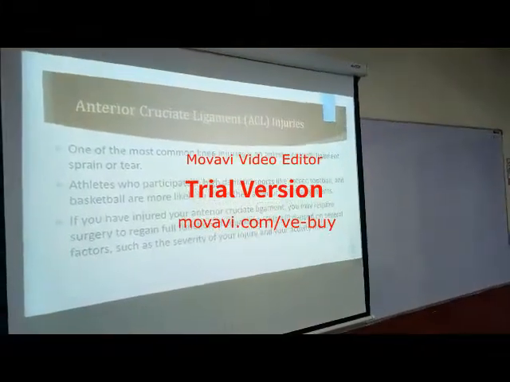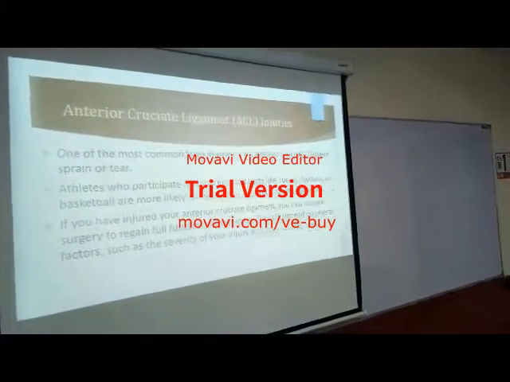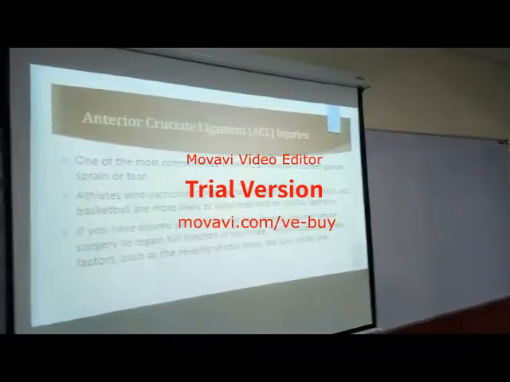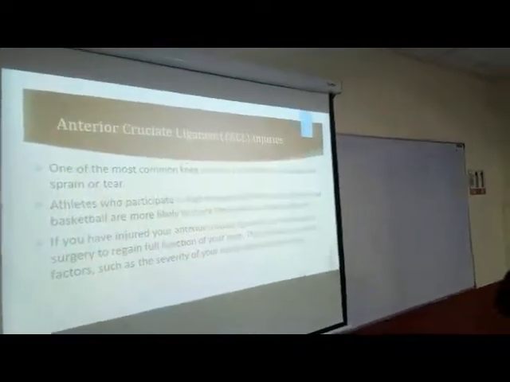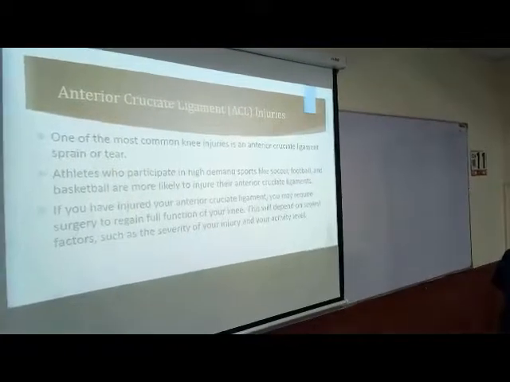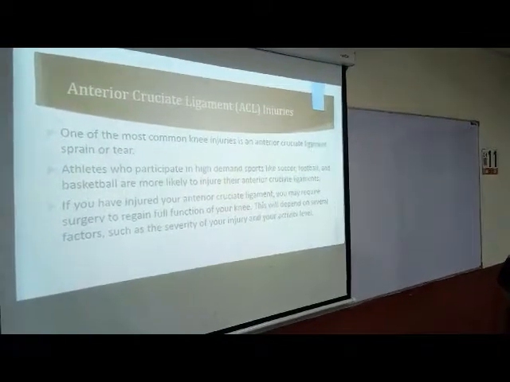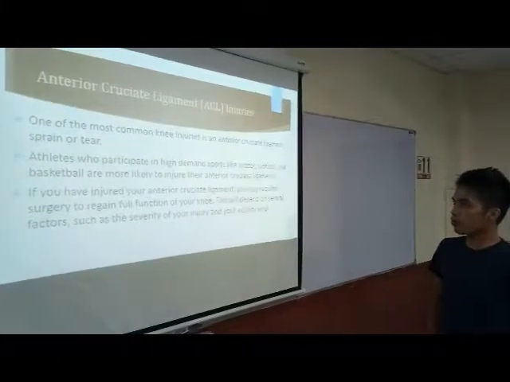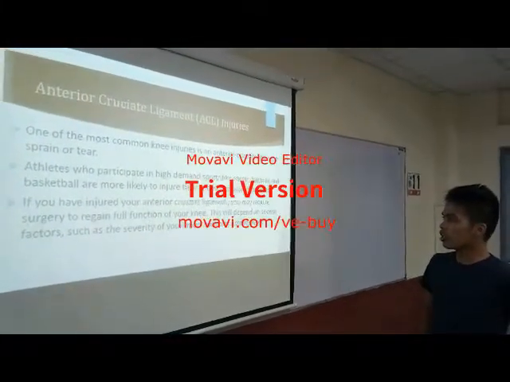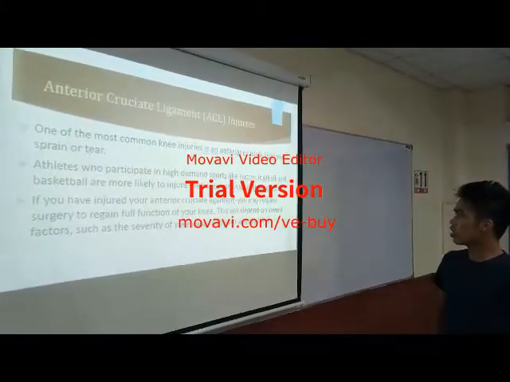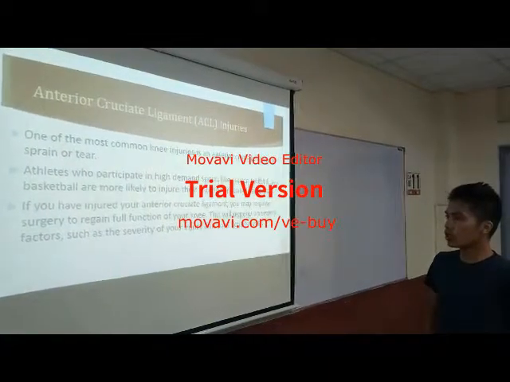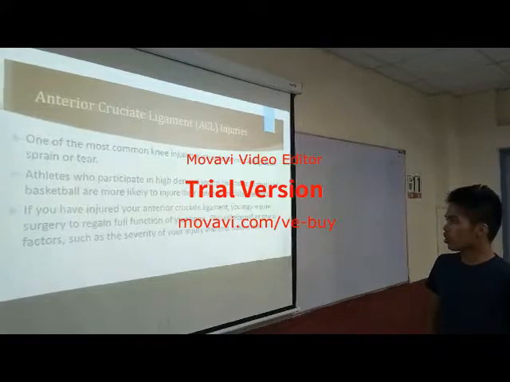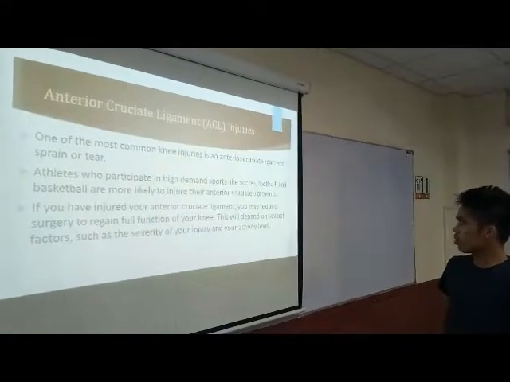Anterior cruciate ligament injuries. One of the most common injuries is an anterior cruciate ligament sprain or tear. Athletes who participate in high-demand sports like soccer, football, and basketball are more likely to injure their anterior cruciate ligaments.